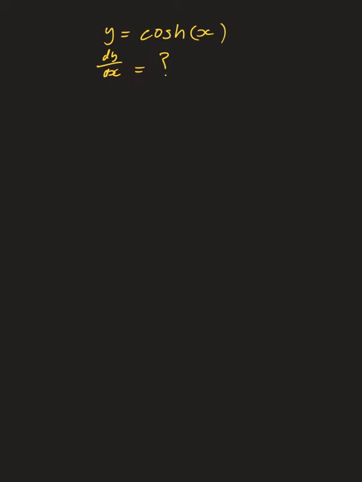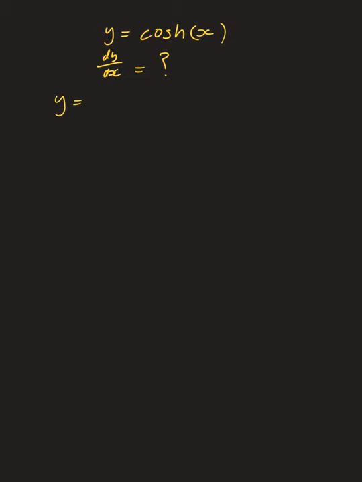So what's the derivative of the hyperbolic cosine function? Well, we get it in the exact same way. So try pausing the video and have a go at this one yourself first. It's exactly the same as the one for sinh of x.